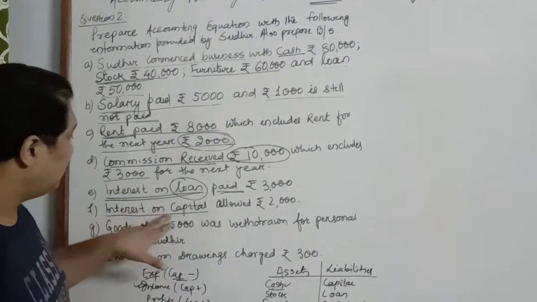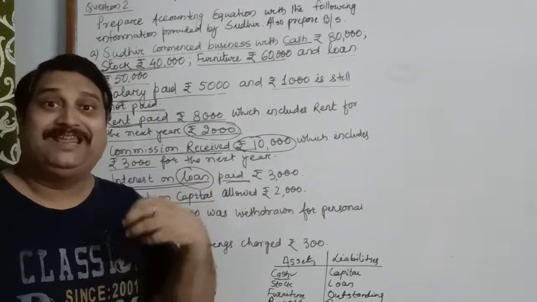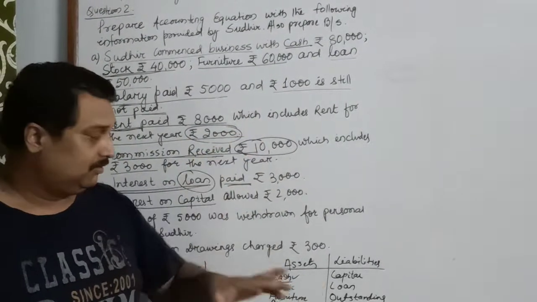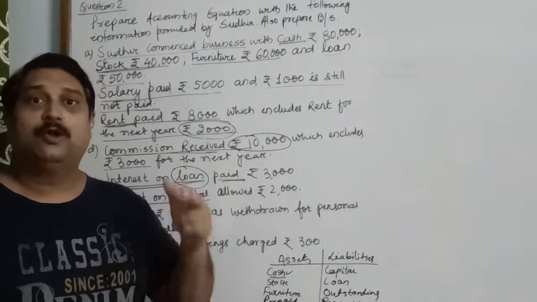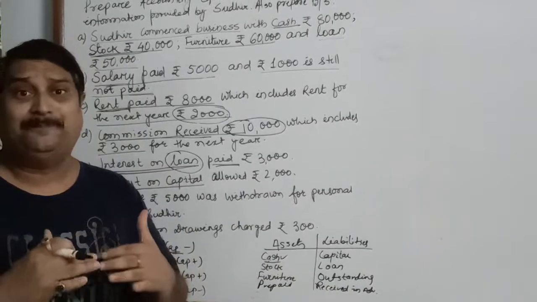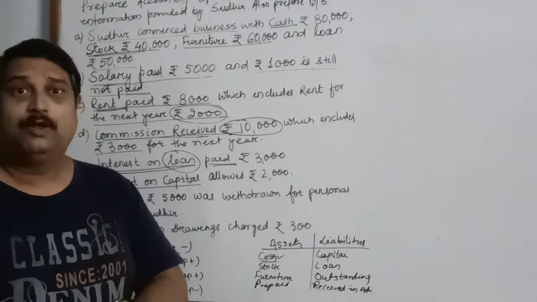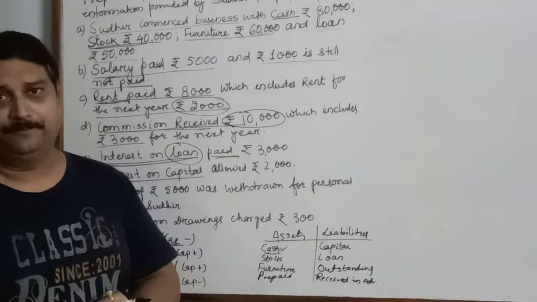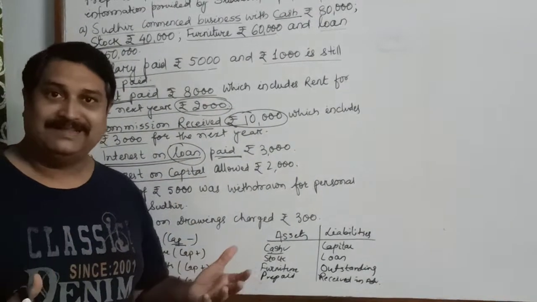So when interest on capital is to be allowed to the partner, it will increase his capital. First thing. Second, who will pay? The firm. Now the question is, the firm will not pay it in cash. Once again, this will reduce the revenue of the firm because it is an expense.